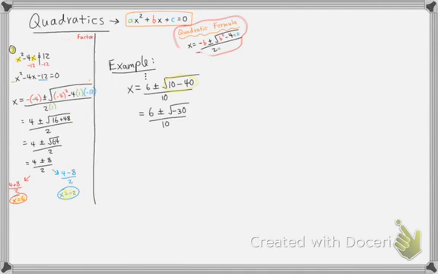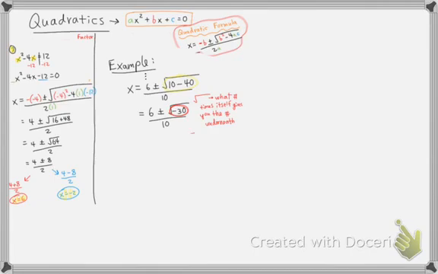Well, if you remember, the square root is basically asking you what number times itself gives you the number underneath. So, what number times itself will give you a negative 30?